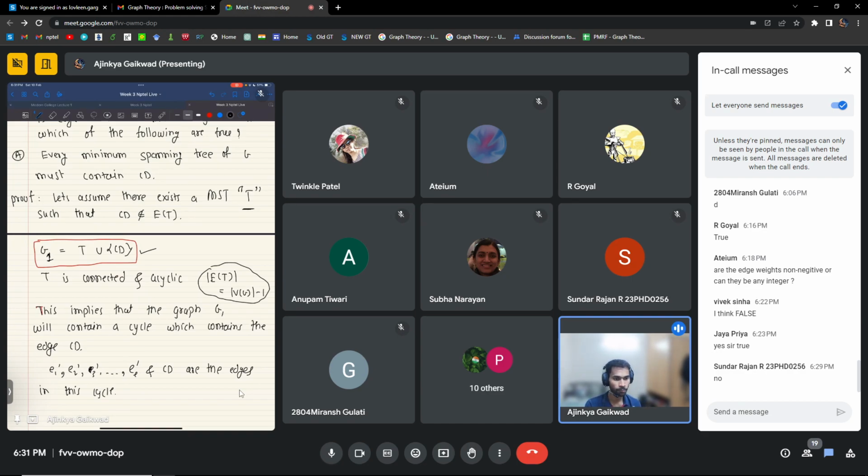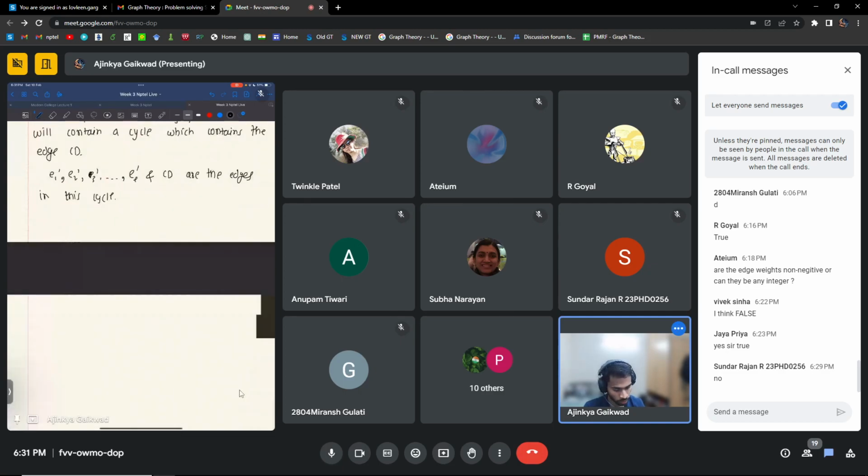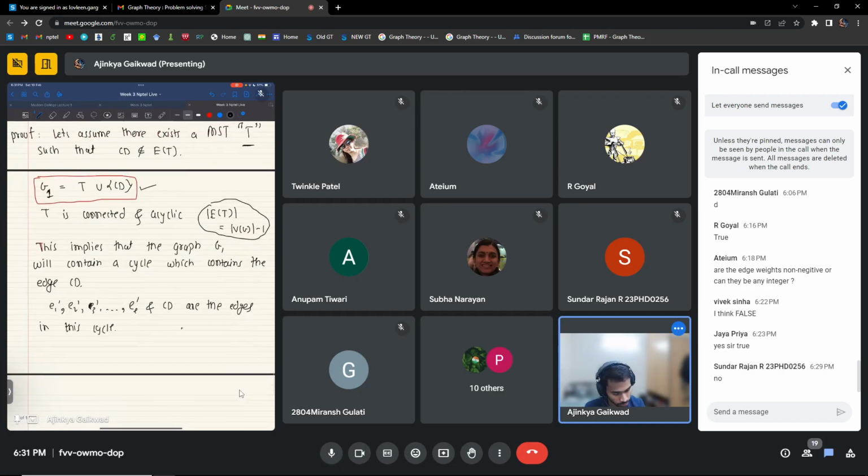Now let's observe some properties of this G1. I had a tree T. What happens when you add one more edge to a tree? There will be a cycle. Let me give an example. Here is a tree on 6 vertices, 1, 2, 3, 4, 5, 6, and 5 edges.